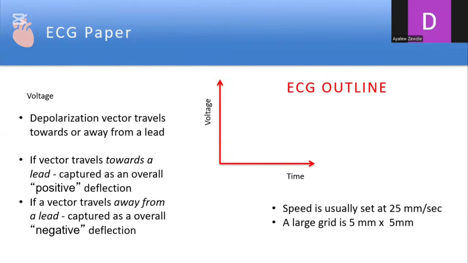When the depolarization moves in the direction of the lead, it becomes a positive deflection, whereas if the vector travels away from the lead, it becomes a negative deflection. We usually use a speed of 25 millimeters per second to print the ECG.